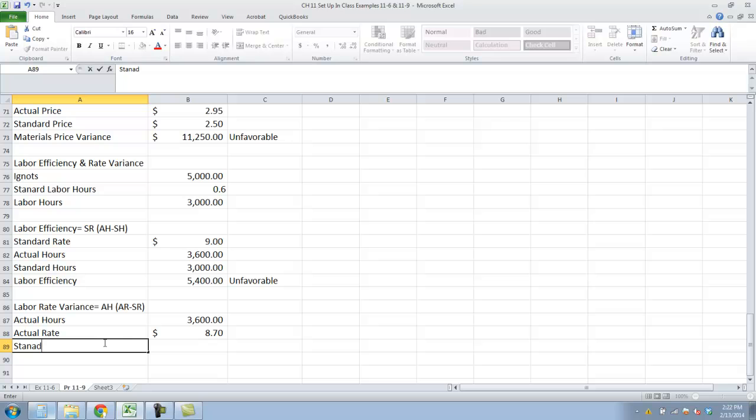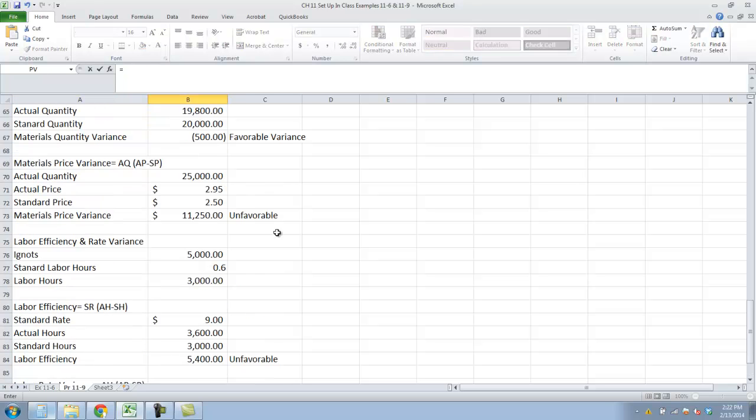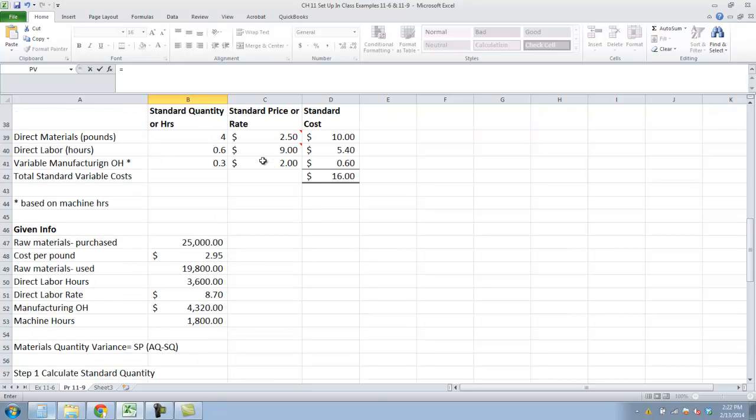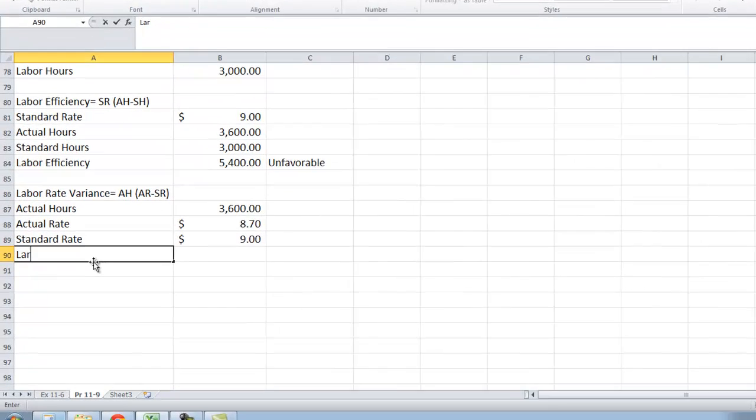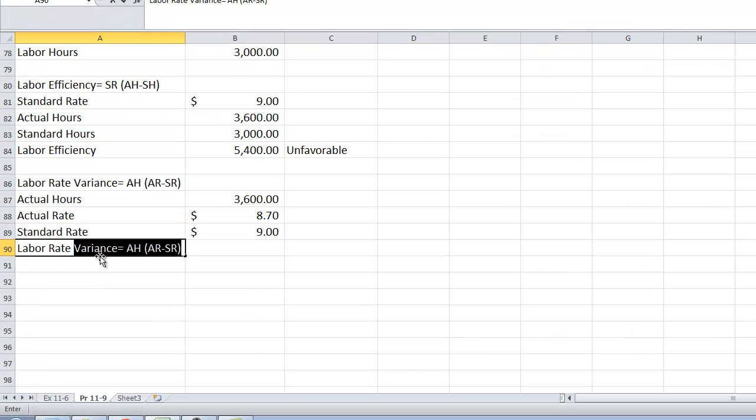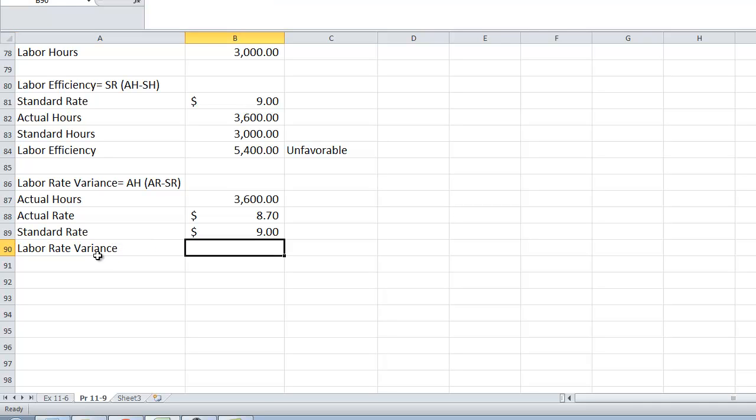Standard rate, our standard labor rate is $9 an hour. So our labor rate variance is our actual hours times actual rate minus standard rate. We paid 30 cents less an hour, so this is a favorable variance.